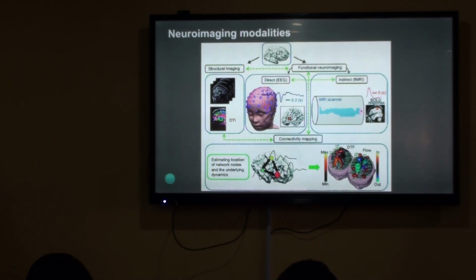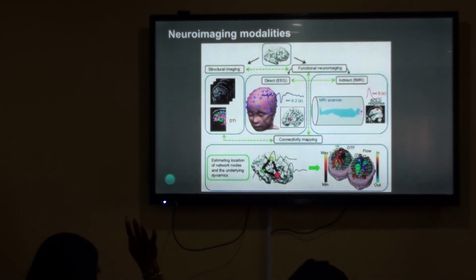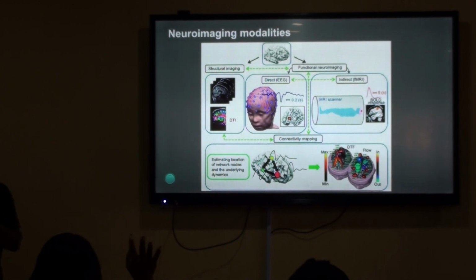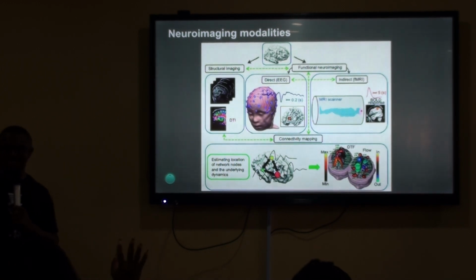One thing I want to ask you, for those who have worked with EEG, or maybe you've heard of EEG this week: do you think there are ethical issues involved in the use of EEG? By show of hands, how many people think that there are ethical issues involved in the use of EEG?